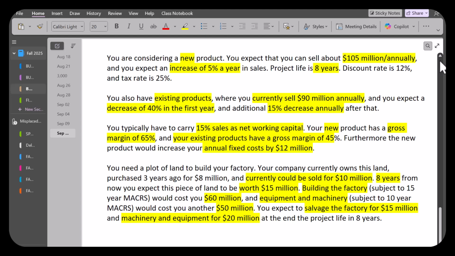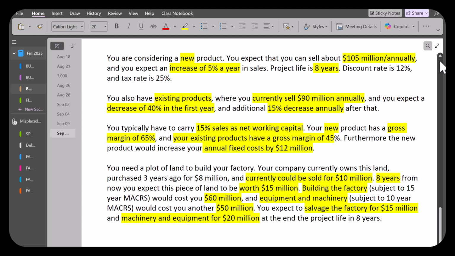But even though you have a new product, you do expect that sales of your existing products will be affected. Currently, with your existing products, you're selling about $90 million annually. And you expect that in the first year, these sales are going to go down 40% since you're introducing a new product.